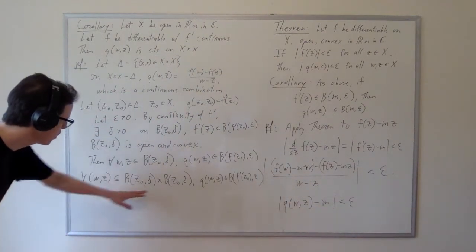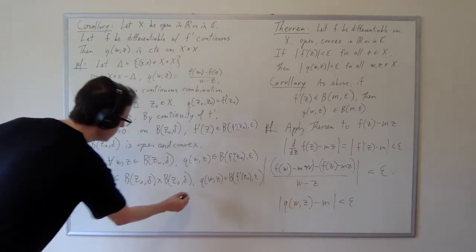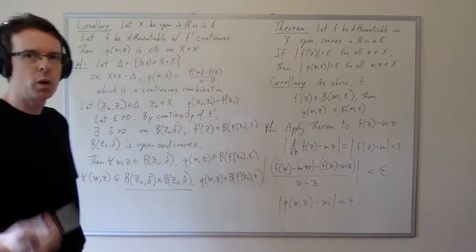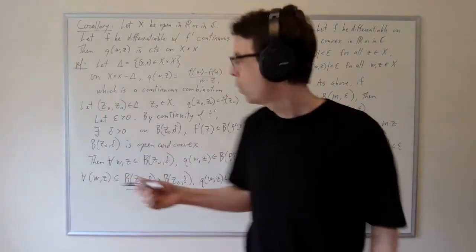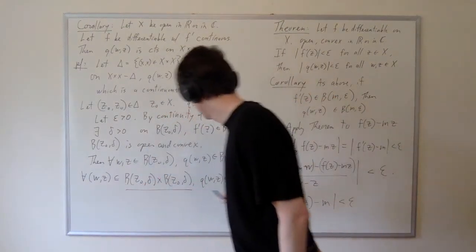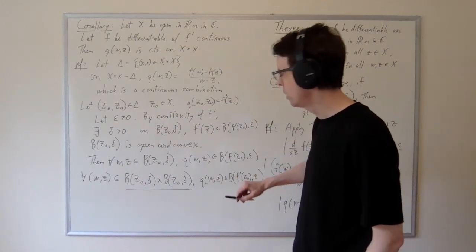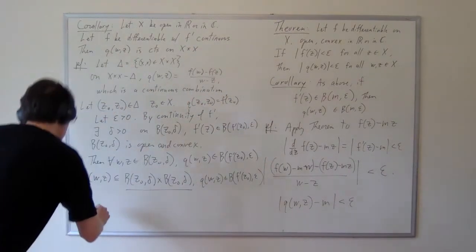The reason I'm rephrasing it this way is to showcase that this is an open neighborhood of the point z naught on which we get the values of q into this target ball here. And that shows that q is continuous.